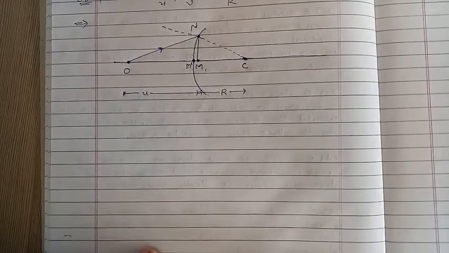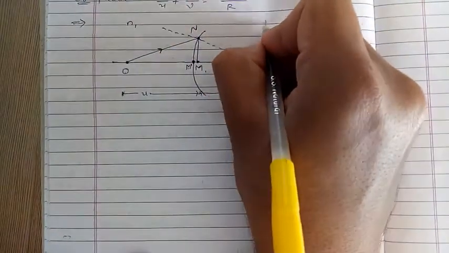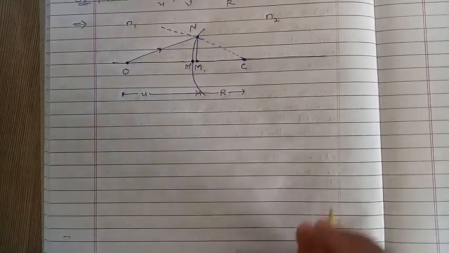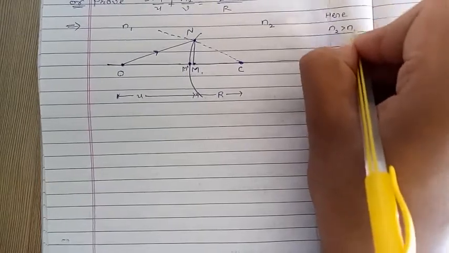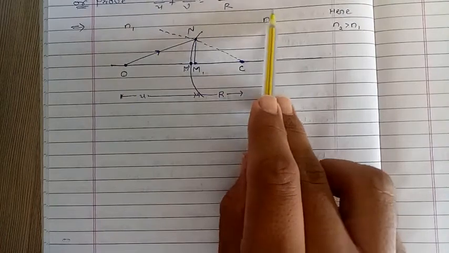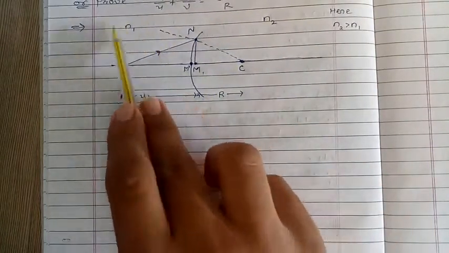Okay, now this is our first medium N1 and this is our second medium N2, but here N2 is greater than N1, so the refractive index of this medium N2 is greater than this N1.